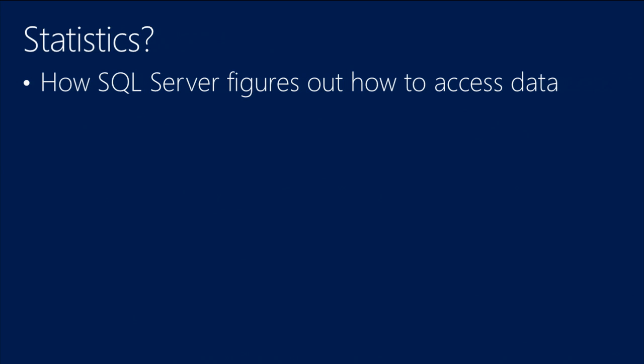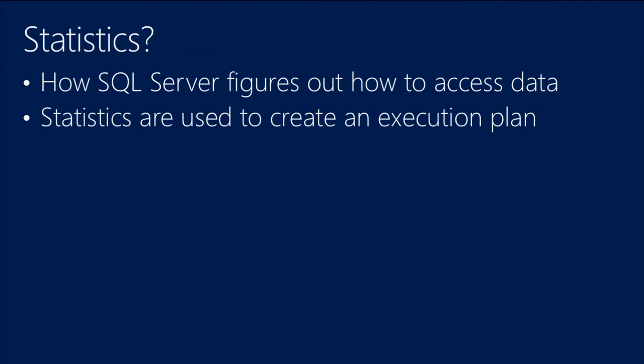It has to go crawl a B tree to figure out where this piece of information is. So to do that, SQL Server looks at the statistics of the data to find out what the best index to use is and what operation it should use when it's trying to read that index. It then uses that information to create the execution plan, which is used to actually go get the information that I'm looking for.